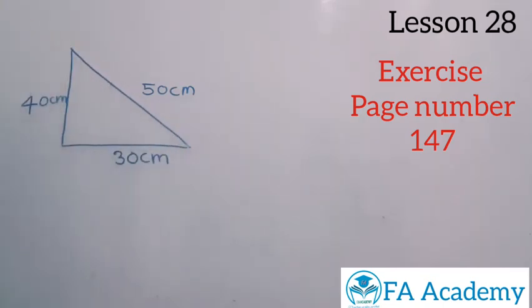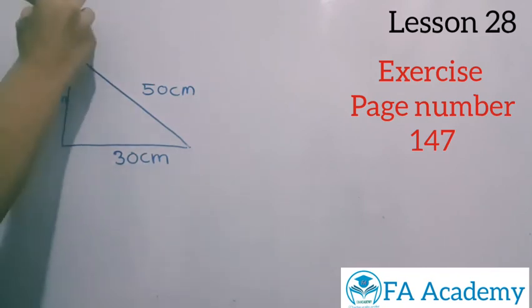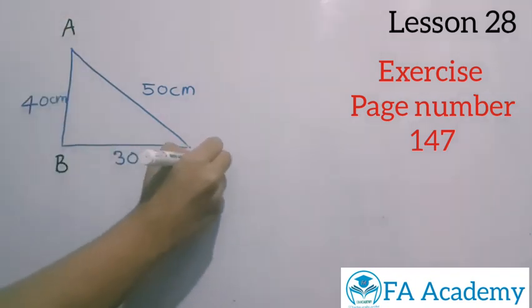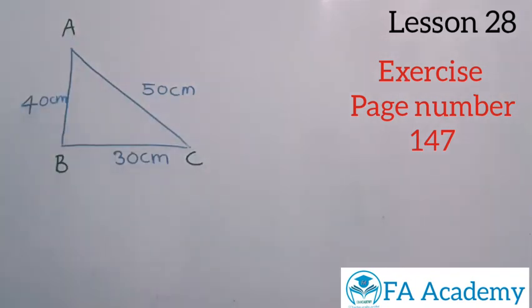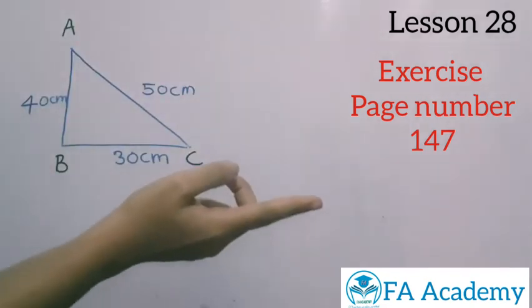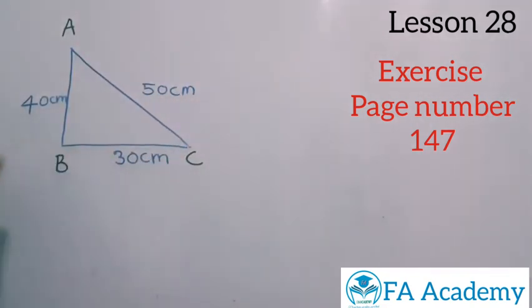So when they have given like this, they will be marking and giving you A, B, C, to make it easy for you. So you can say length of AB and find the actual length for this, length of AC and find the actual length for this. Same with this also, length of BC and you can find the length for that.